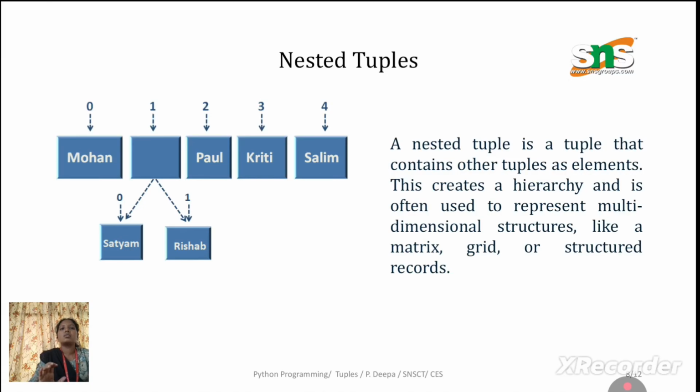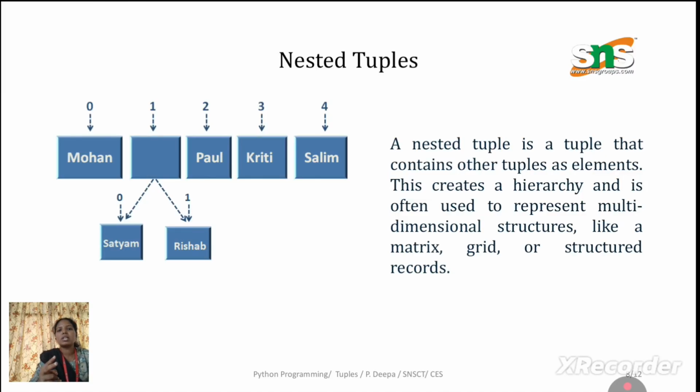Likewise, the nested tuple can be used as a grid or matrix of values in tuple sets. So we can take the zeroth index and the first index and combine them into the tuple. We can add two more elements.